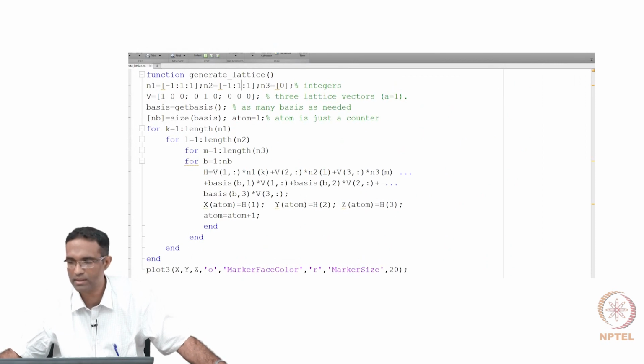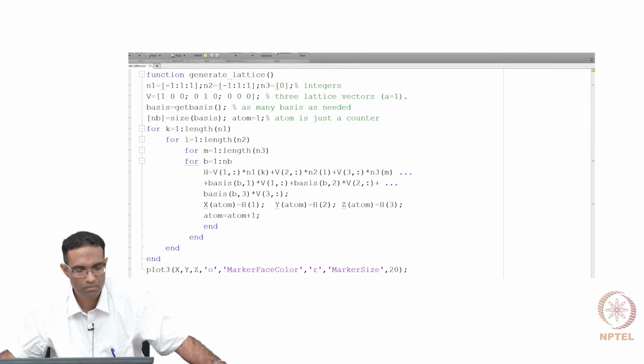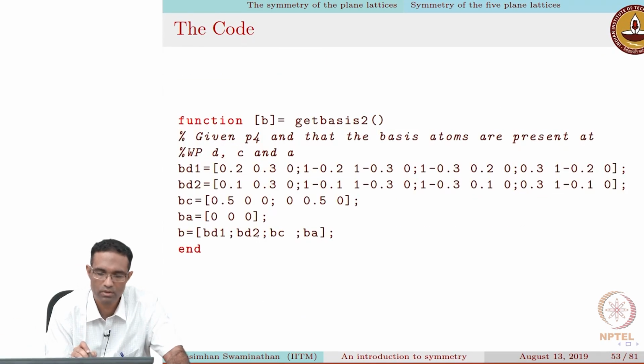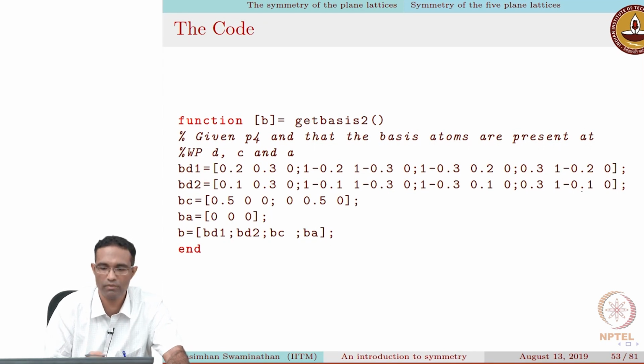Now we will just do one quick exercise. Same thing, P4, the lattice constant A is given, 2 atoms at Wyckoff position D, one with 0.2, 0.3 and another with 0.1 and 0.3, x comma y, an atom at Wyckoff position C and another atom at Wyckoff position A. So now if you do the same thing, BD1 and BD2 are the 2 basis atoms at Wyckoff positions D, and the corresponding values have been written down here based on the table that we just studied.